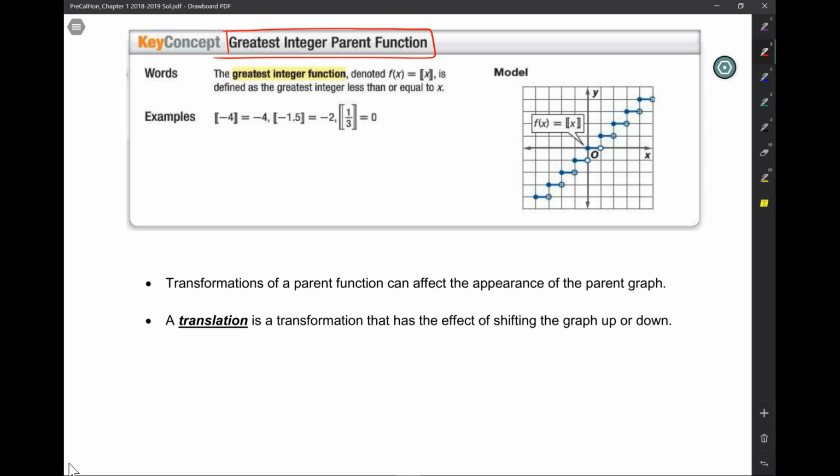What are the y values? What is the range? It's not all reals, it's like a set. It's just integer values, right? There's a graph at 4, 3, 2, 1, 0, -1, -2, -3. So the range is just integers.